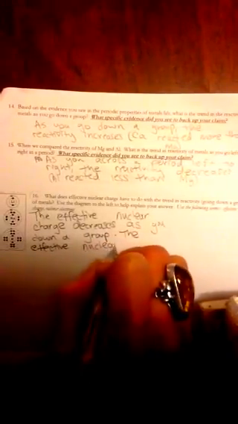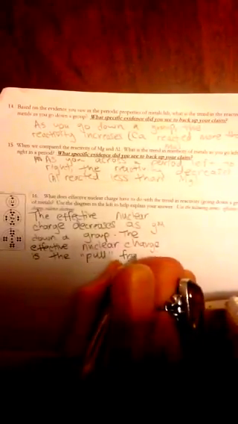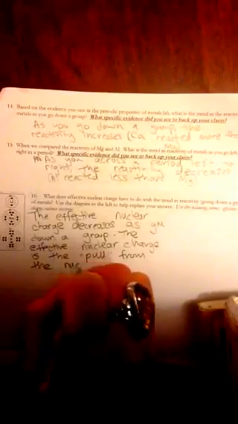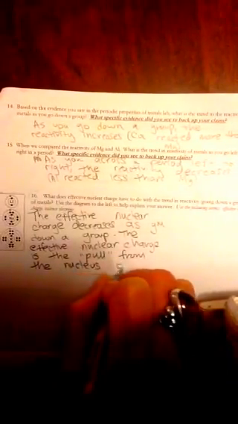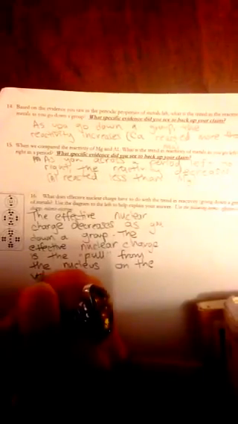As a reminder, the effective nuclear charge is essentially the pull from the nucleus on the valence electron.